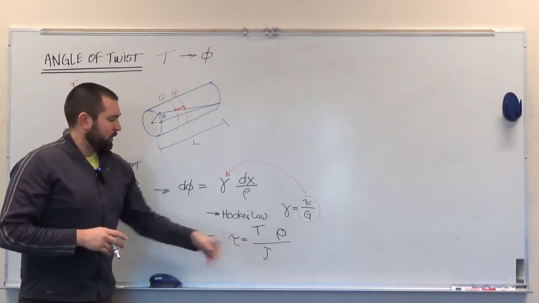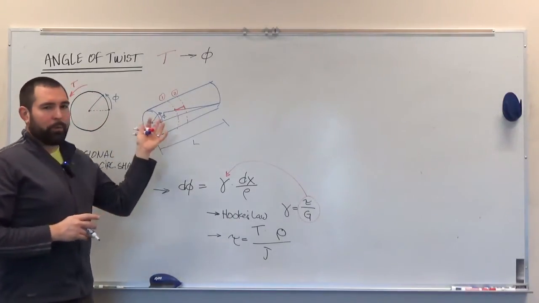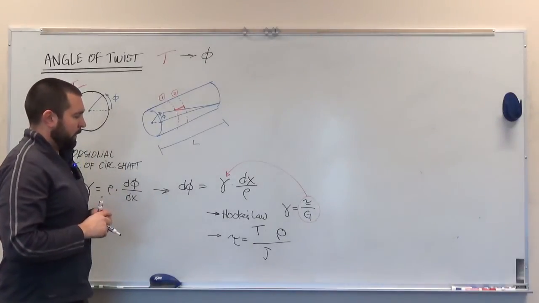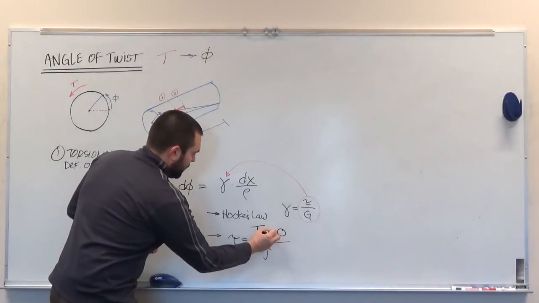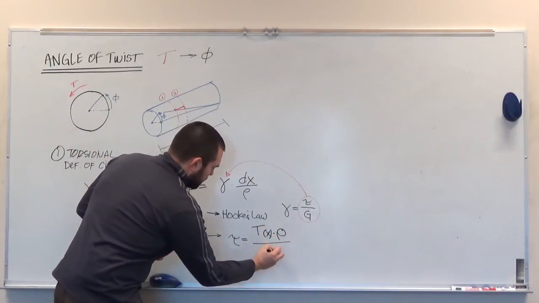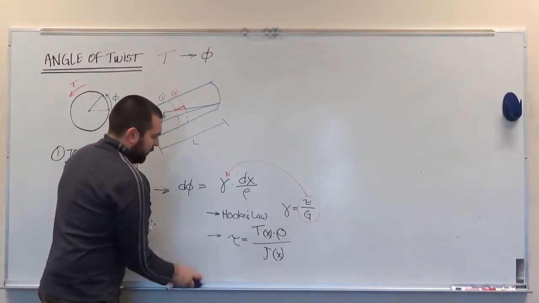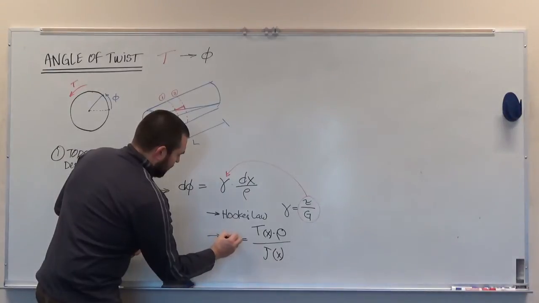Again, J is only dependent on the radius of the shaft, and so we could have a tapering shaft, we could have a shaft that steps down its diameter along its length. And so I'm simply going to turn each of the internal torque and the polar moment of inertia into functions that are dependent upon the location along the shaft. So we could say that tau is actually a function of x as well.